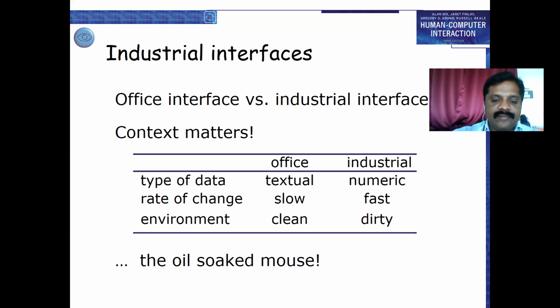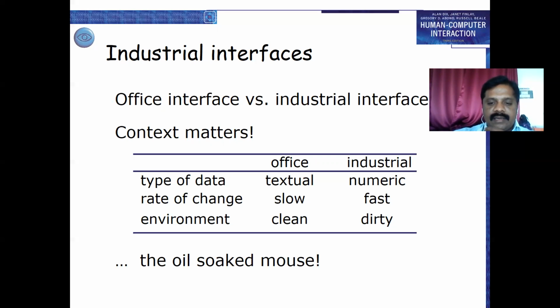In industry, if it is slow, then your work is not going properly and not done within the time. So next, environment. The office environment is very clean and the industrial environment is dirty. Why? Because the office is a very small place, so we can keep it very clean.